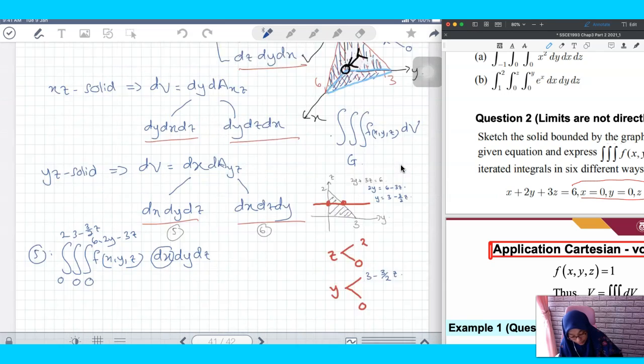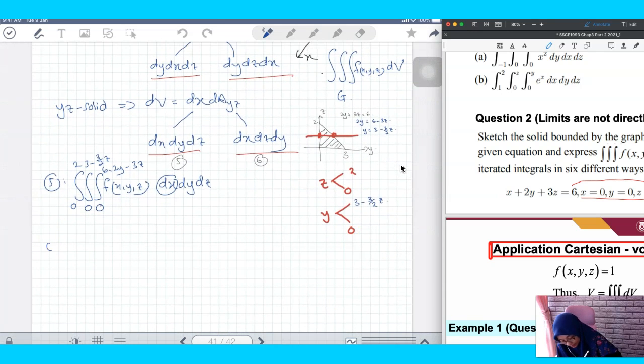Okay. So for number 6, we just change to be dz dy. So the limit of x does not change, still the same, 0 to 6 minus 2y minus 3z.